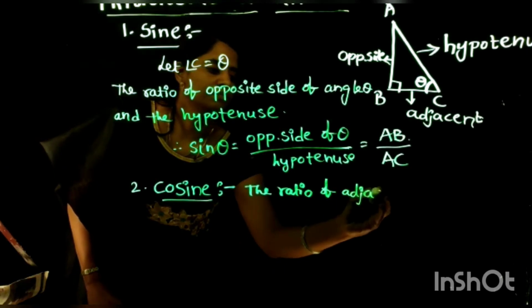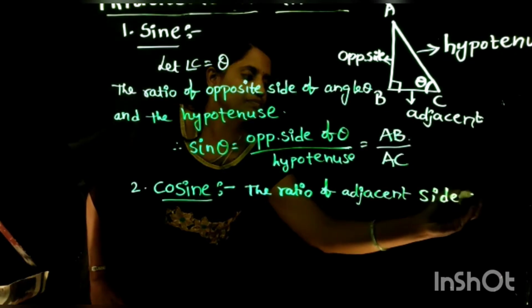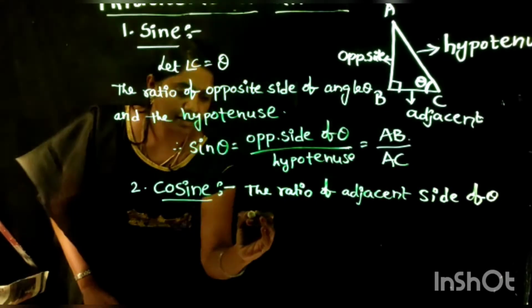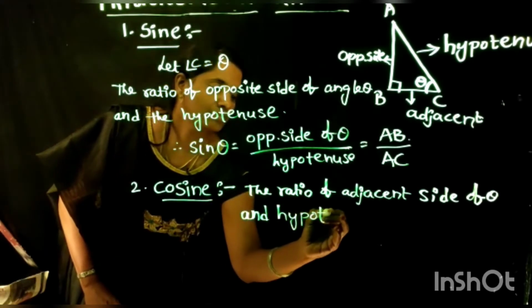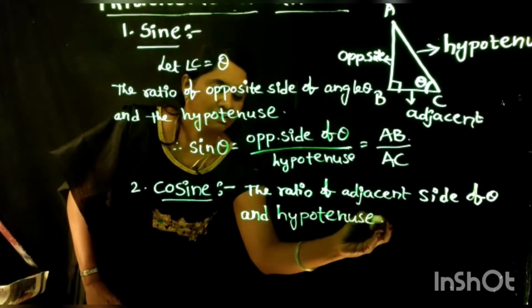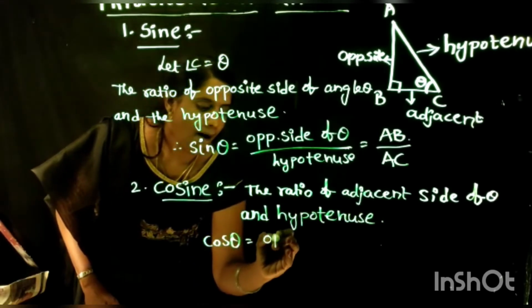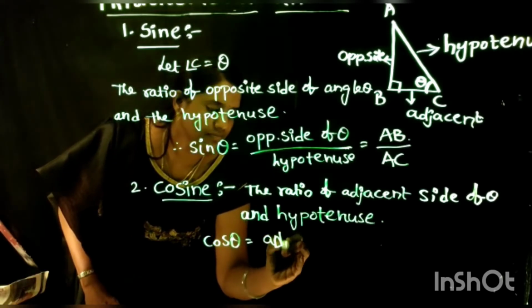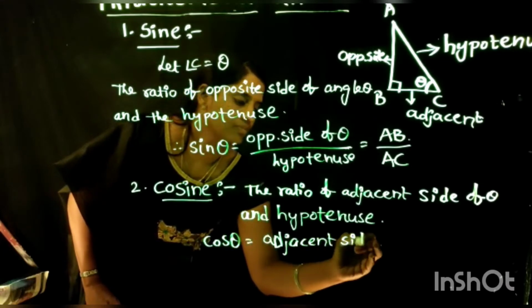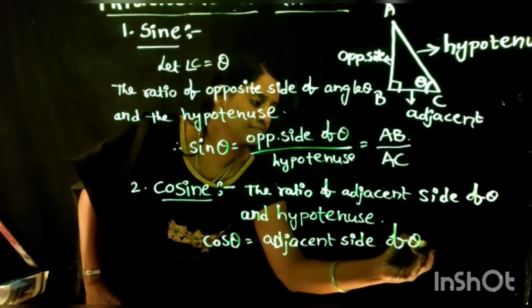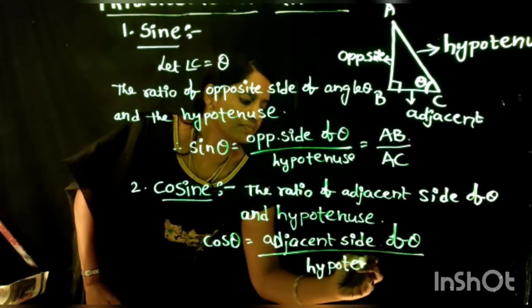Shortly we write cos theta is equal to the adjacent side of theta by the hypotenuse.